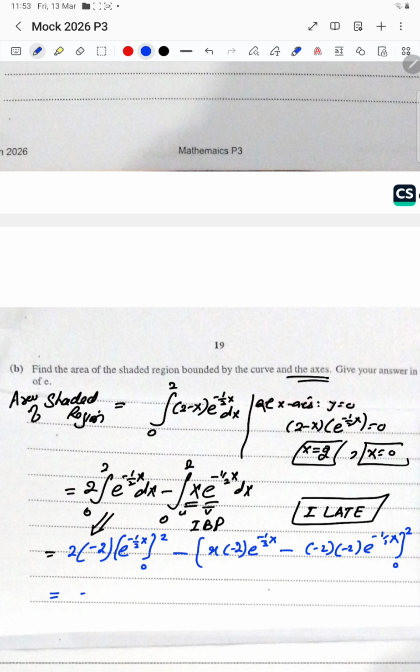It will be minus 4 upper limit e raised to power minus 1 minus e power 0, right? Minus plus 2 is 2 e raised to power minus 1. This is 1 by 2. Minus plus 1 minus plus 2 to the 4 e raised to power minus 1. When you replace 0, this becomes 0, and here we'll get 0 plus 4 plus minus 4.